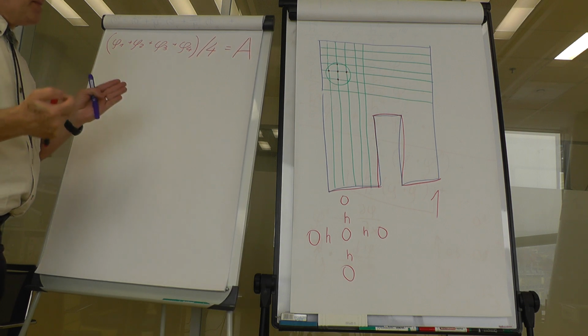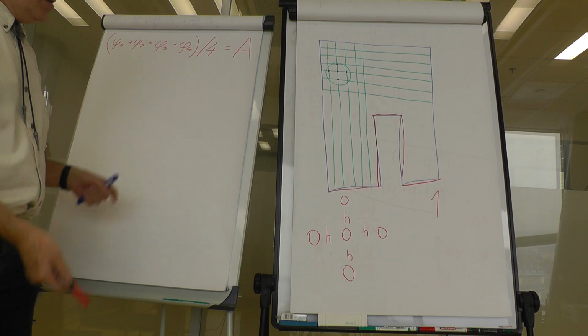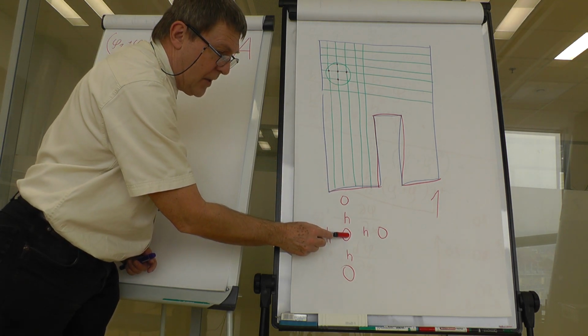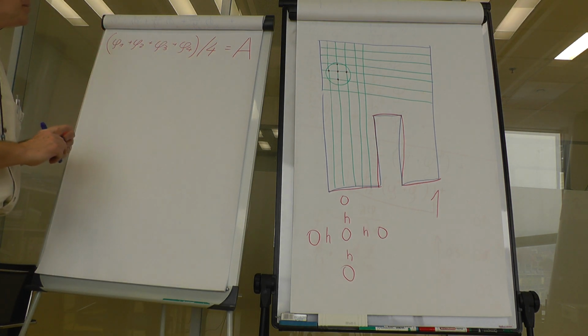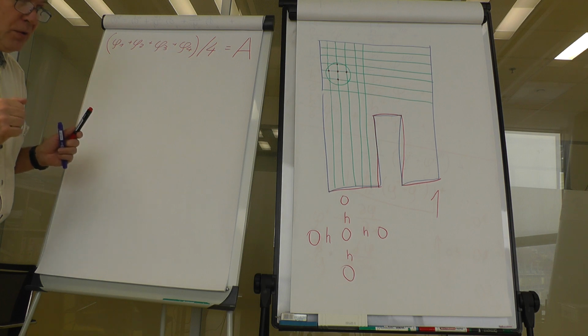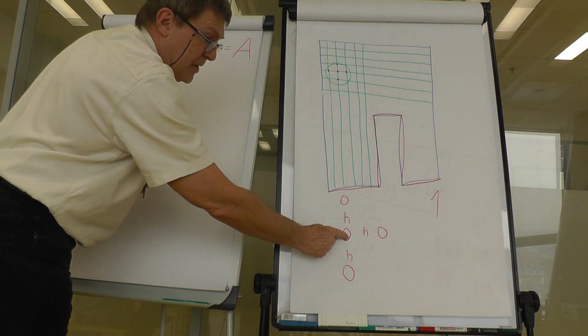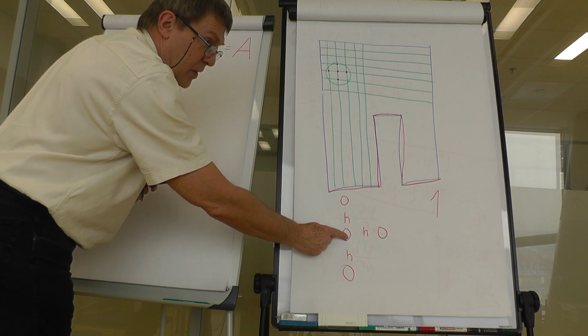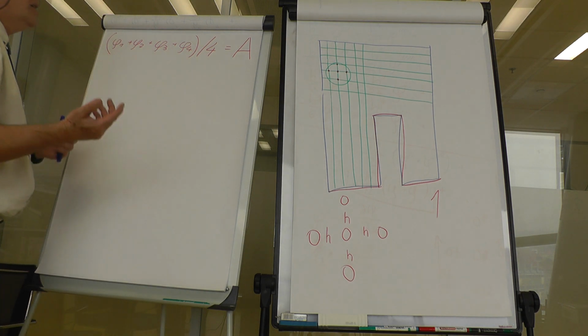Now, in the first method, relaxation, we would put the average just directly here. At this point, we would make something a little bit different. We will find out the correction, that is, how much should be added to the central point to get it to the average of its neighbors.